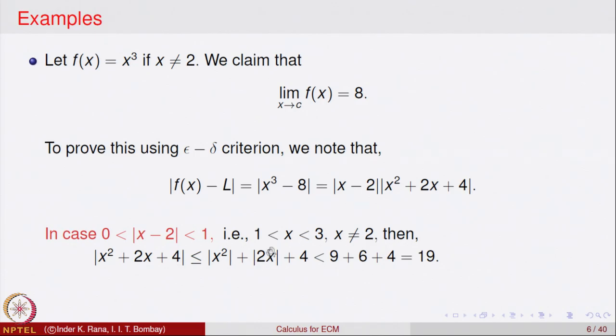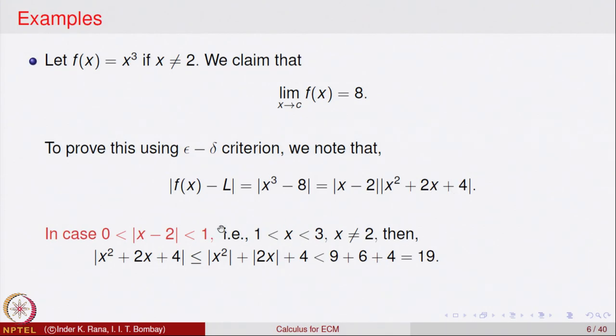Now, since x is going to be less than 3 from here, mod x square is going to be less than 9. So, this is less than 9, mod 2x is going to be less than 2 into 3, that is 6, plus 4. So, that is less than 19. So, this quantity is going to be less than 19.